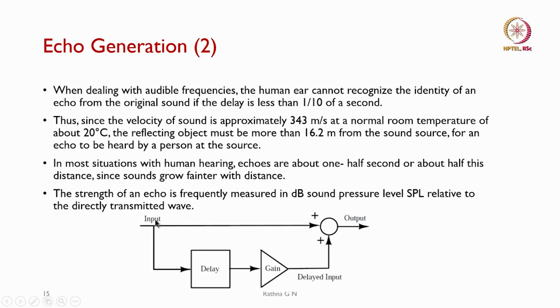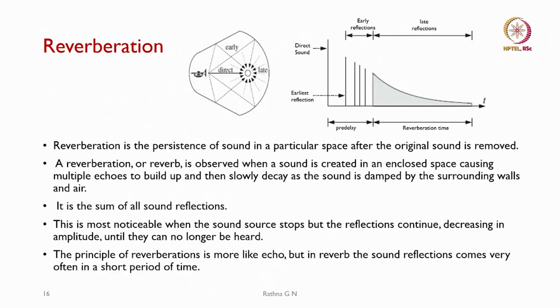The input is given, and the same input is delayed; by varying the delay we can see how we perceive it. Then we multiply with the gain, and this delayed input gets added to the normal input, and the output we hear is the echoed signal.